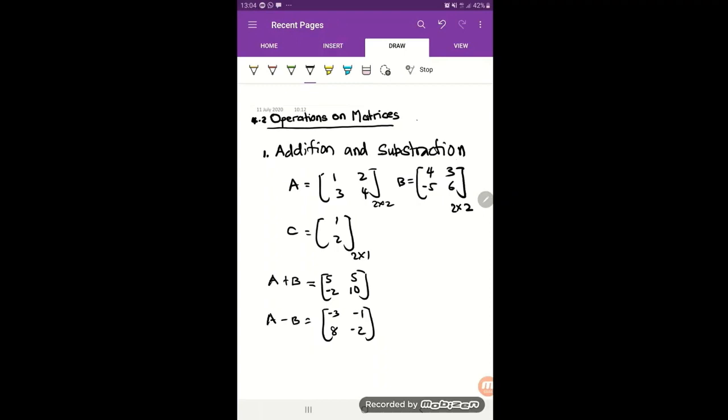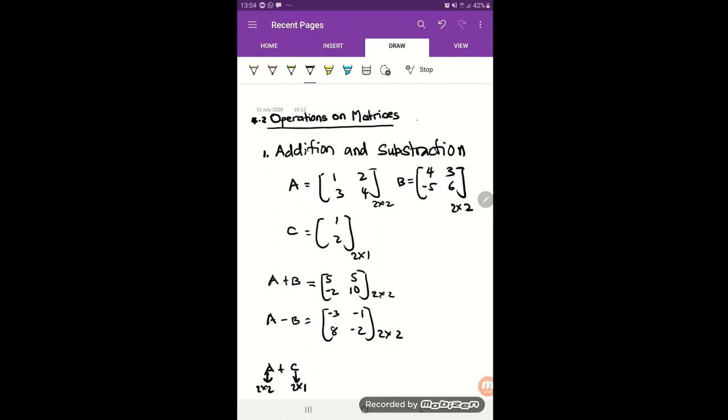So you can see there the operations of addition and subtraction in order 2 times 2, the same order of matrix A and matrix B. How about A plus C? The order of matrix A is 2 times 2, but the order of matrix C is 2 times 1.